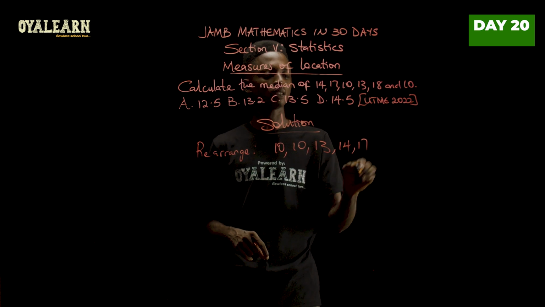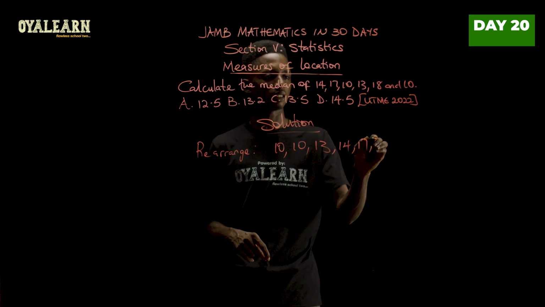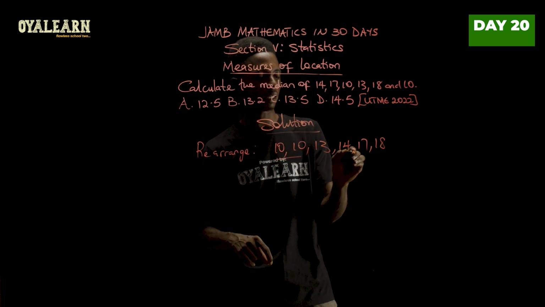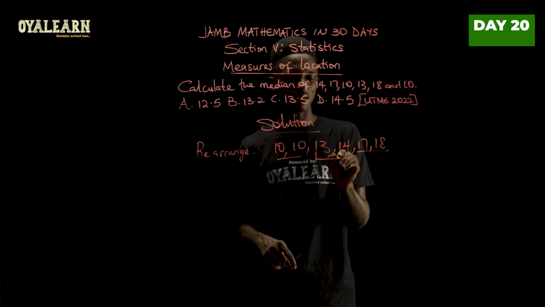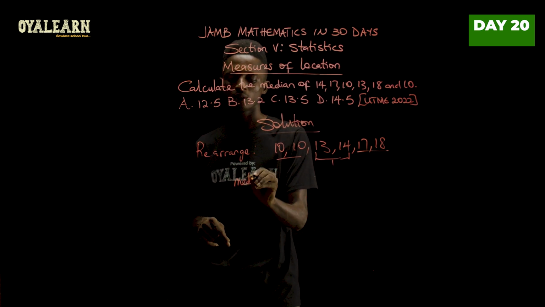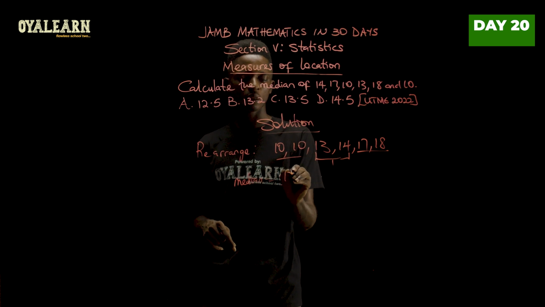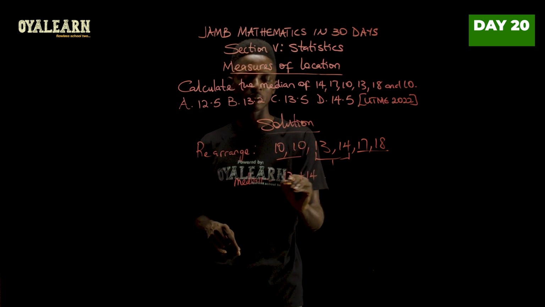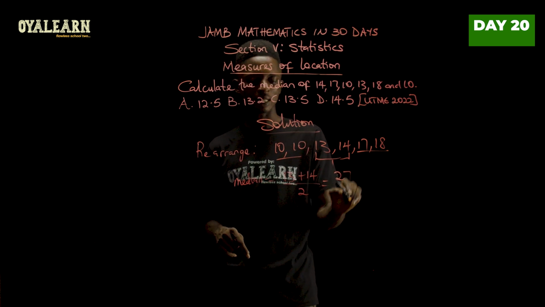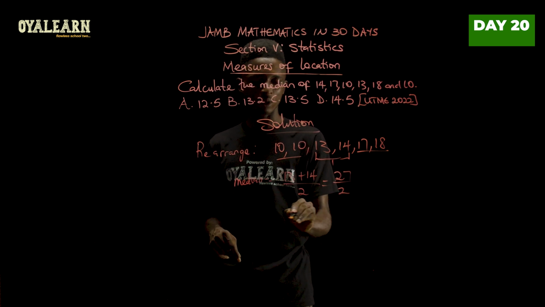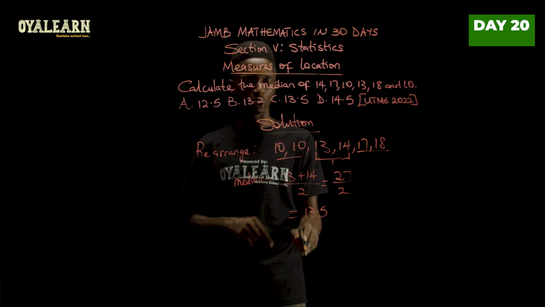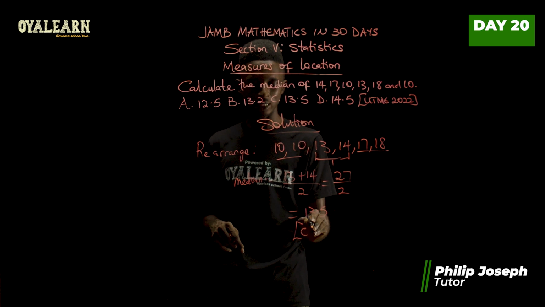Then 17. Then 18. So when we look at this, we see that we have 2 here, 2 here, leaving us with this as our middle value. So our median will therefore be 13 plus 14 divided by 2. And when we add 13 to 14, we get 27. Divide that by 2 and we have 13.5. So the option we're picking here is C.